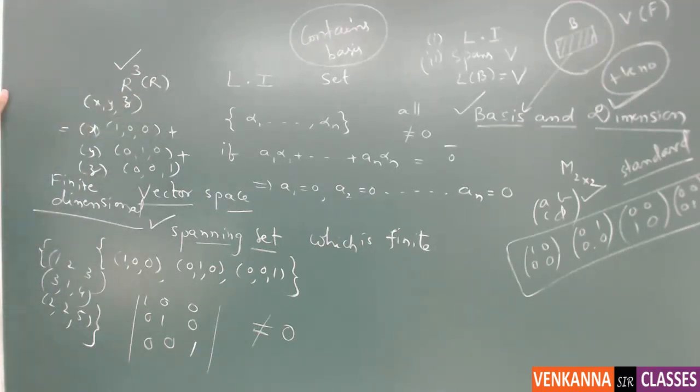A vector space may have so many bases. Whatever basis you consider, the number of elements in each basis is the same, but the vectors in each basis may differ. Okay? Any questions to anyone? Please tell.